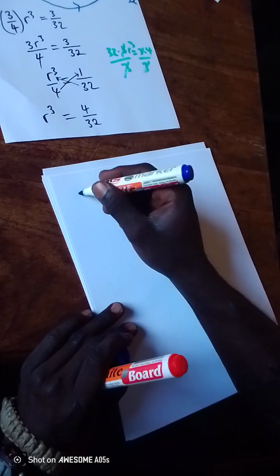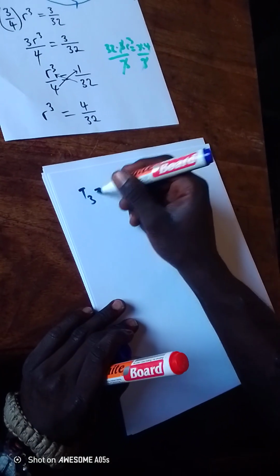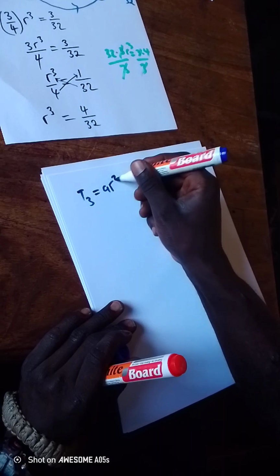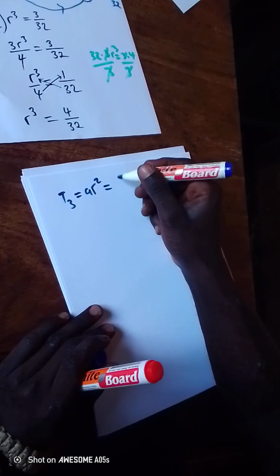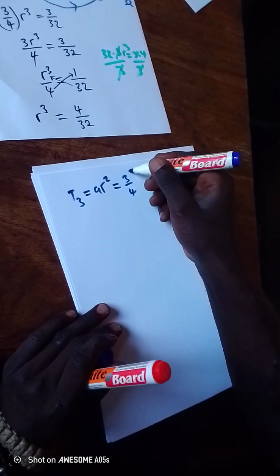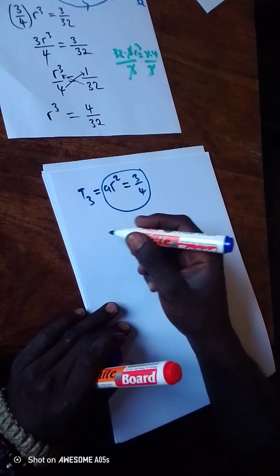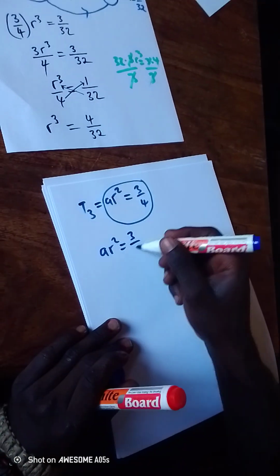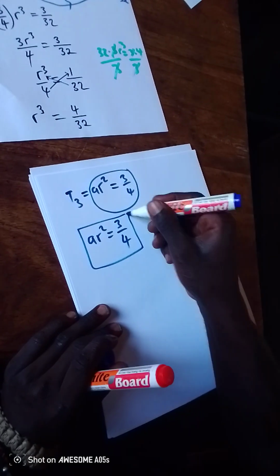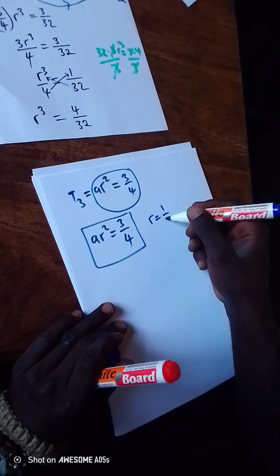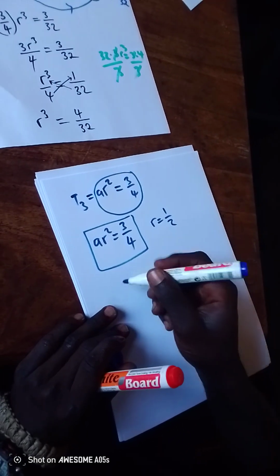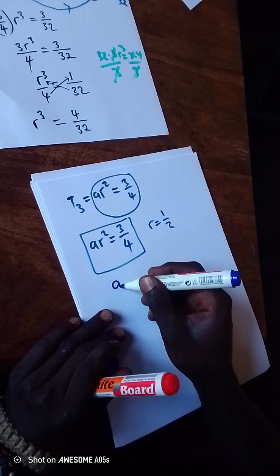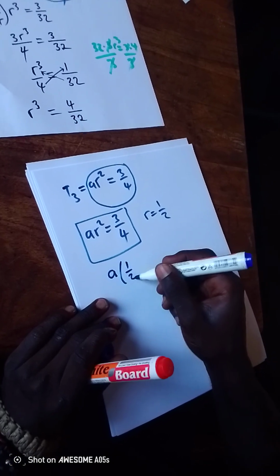We are going to say T3 was equal to A R power 2, which was equal to 3 over 4. Then we know that we have found our R to be 1 over 2, so we replace our R there with 1 over 2. So A, then we replace our R with 1 over 2.